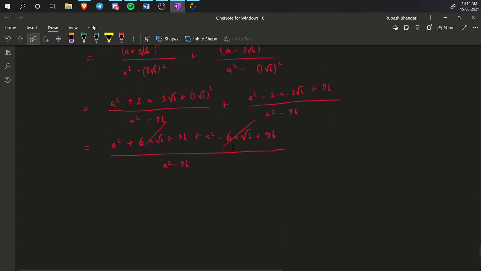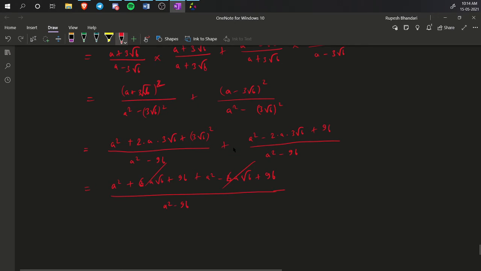And then what do we have over here? Okay, so it's basically nothing else but we will be getting 2a square plus 9b, right? Nope, it will be 18b, a square minus 9b. Let's check our answer as well.